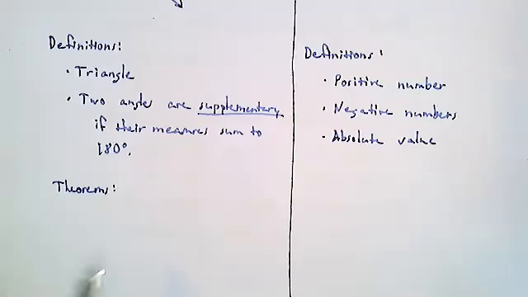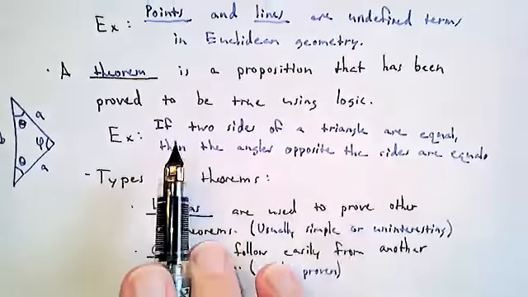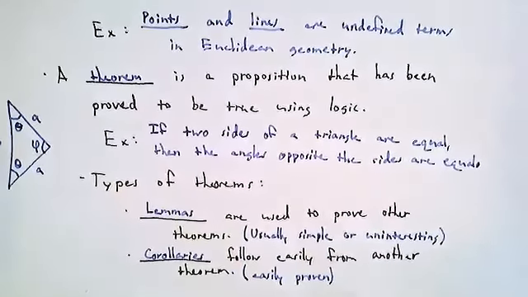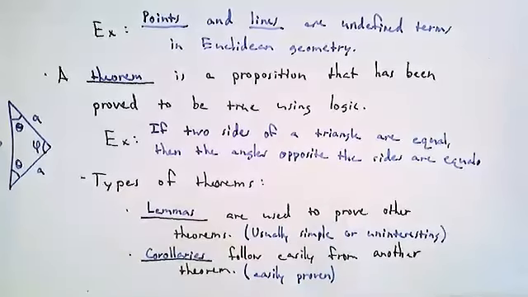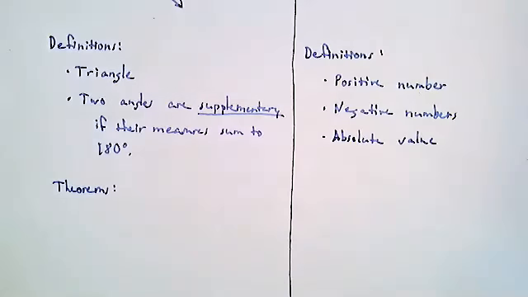So I already wrote down one theorem from Euclidean geometry that says that if 2 sides of a triangle are equal, then their opposite angles are also equal. So maybe instead of a theorem, let's see if I can find something that we would call a corollary or something.